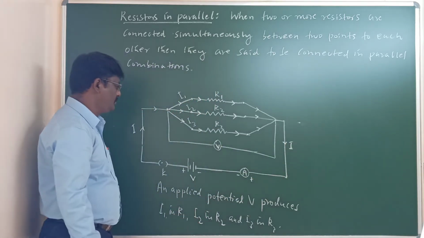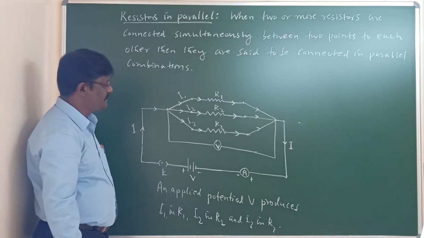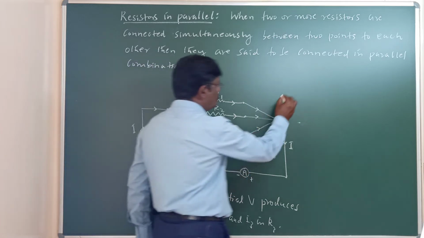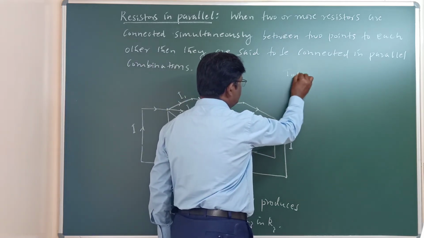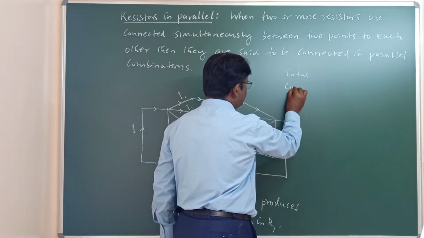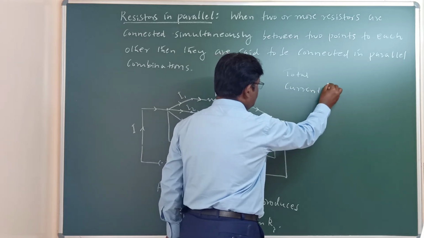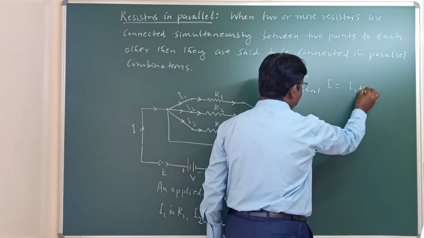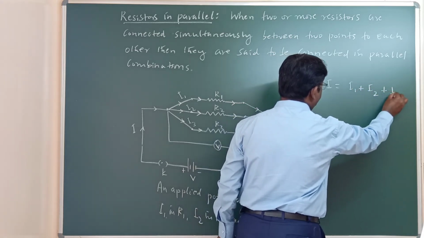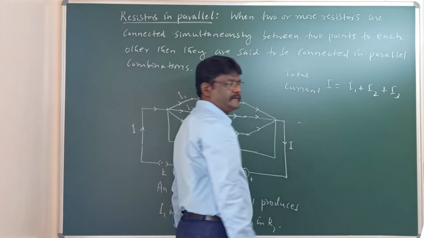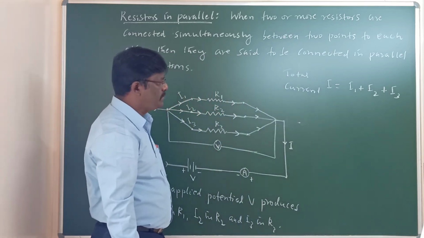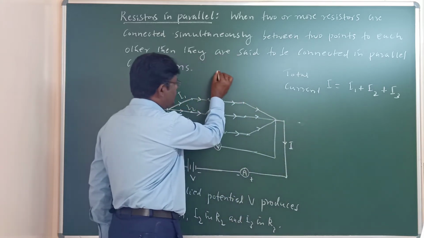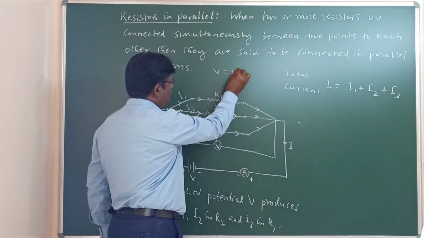Now we shall try to calculate the equivalent resistance in this type of combination. Okay, here total current I equal to I1 plus I2 plus I3. By Ohm's law, we know, Ohm's law says V equal to IR.